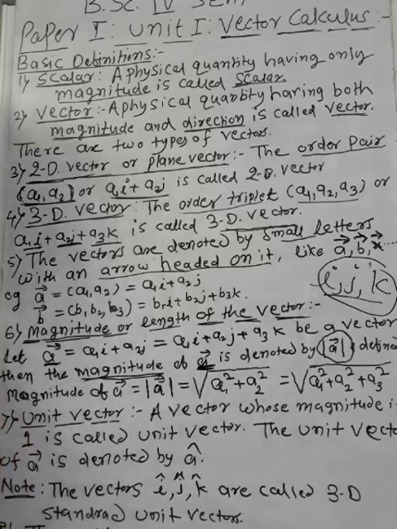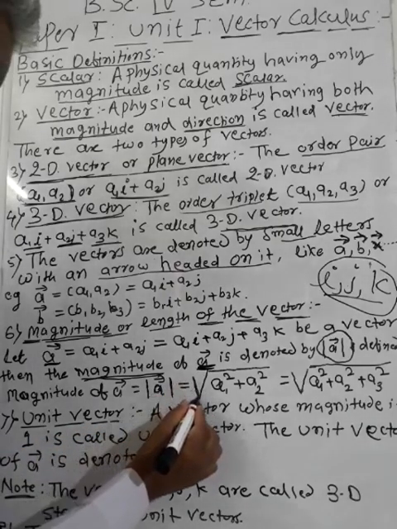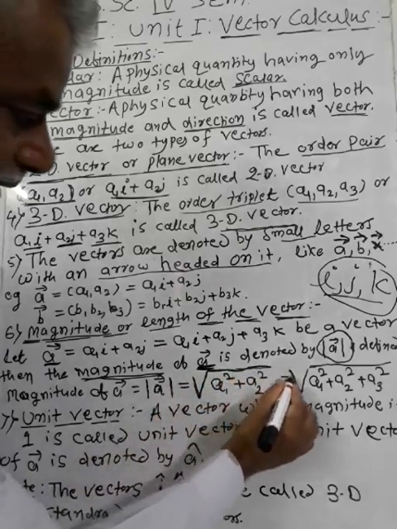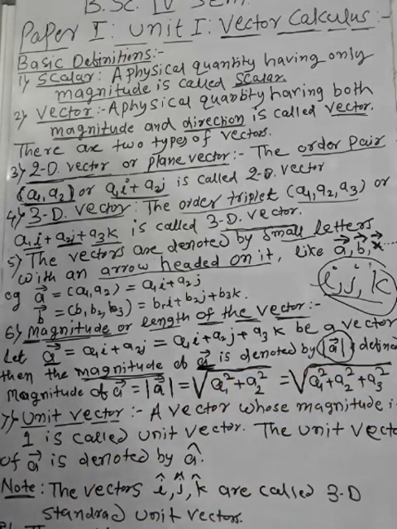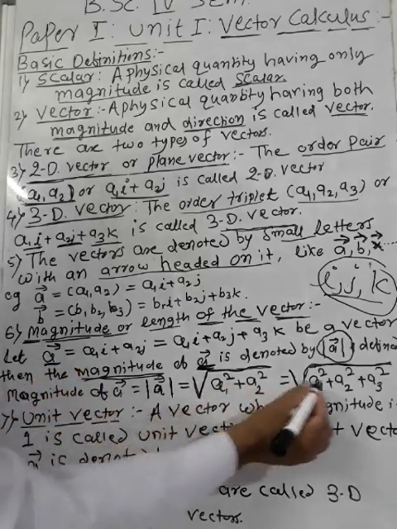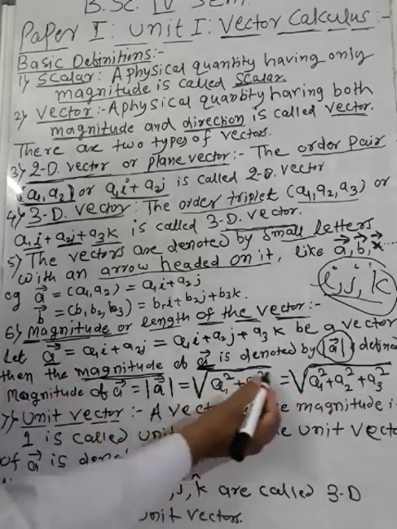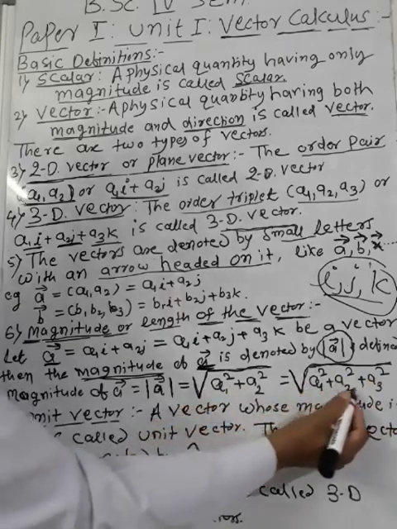Then what is the definition of magnitude, or what is the formula to find the magnitude of a vector? The magnitude of a vector is always given by the square root of the sum of the squares of the coefficients of i, j, k.